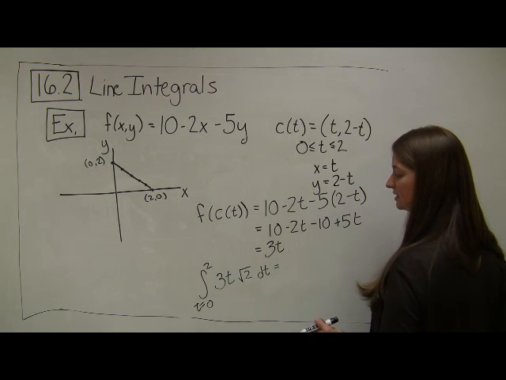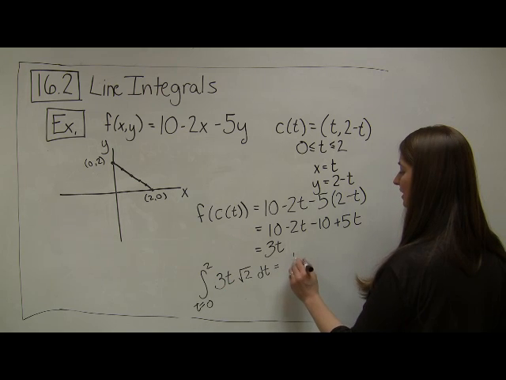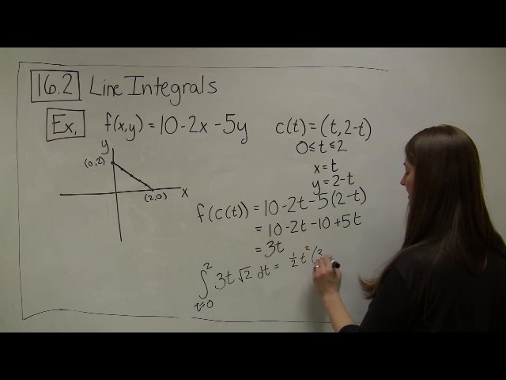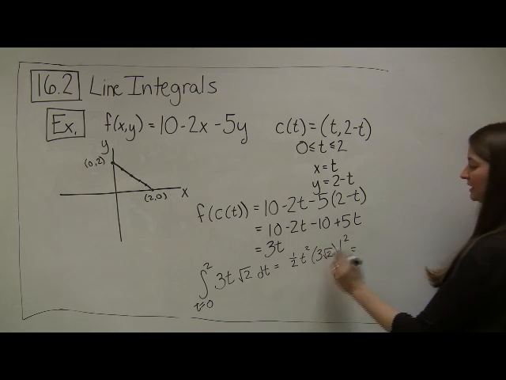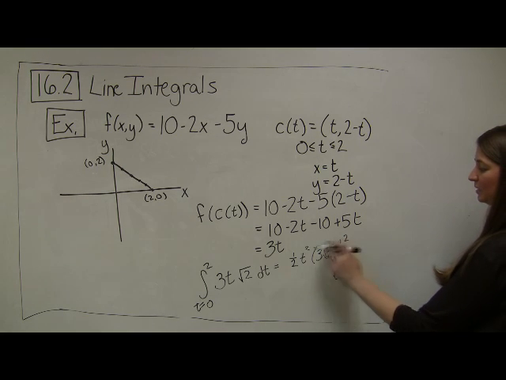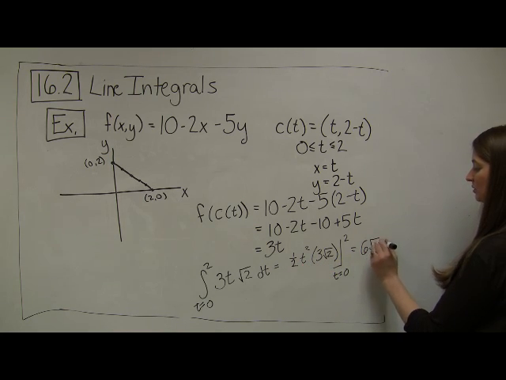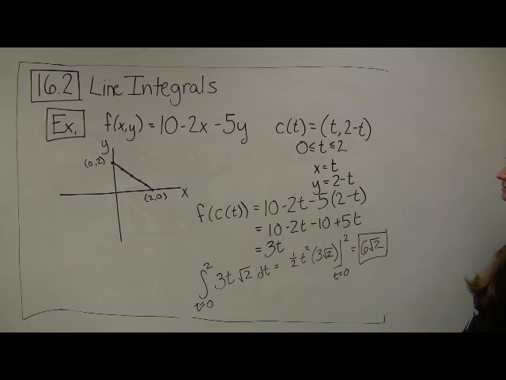These are just constants, and so when I integrate with respect to t, I end up with 1/2 t squared times 3 times square root 2, all evaluated from t equals 0 to 2, and I can plug in those values, and I end up with 2 squared is 4, divided by 2 is 2, so I get 6 times the square root of 2. When I plug in 0, I get 0, and this is my solution. 6 times the square root of 2.